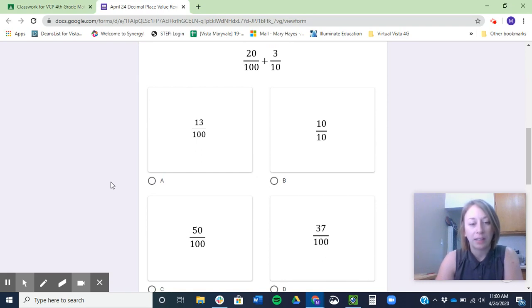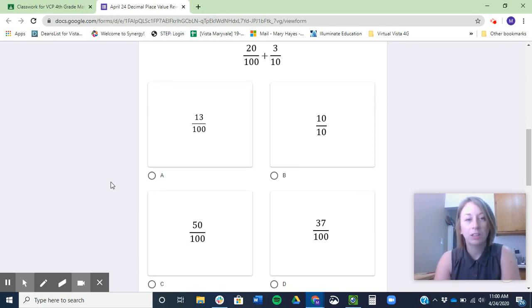Our answer choices are in expressions of hundredths and tenths. Let's go ahead and continue the idea of what we used in the first example with Jamal and the money to help us answer this question.